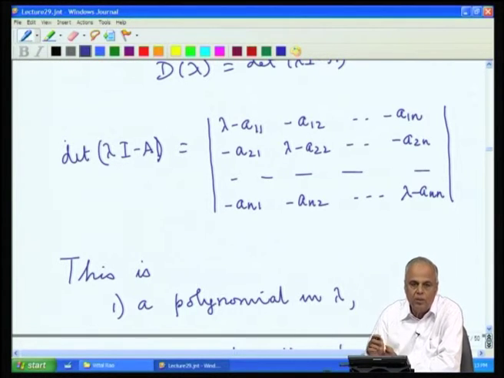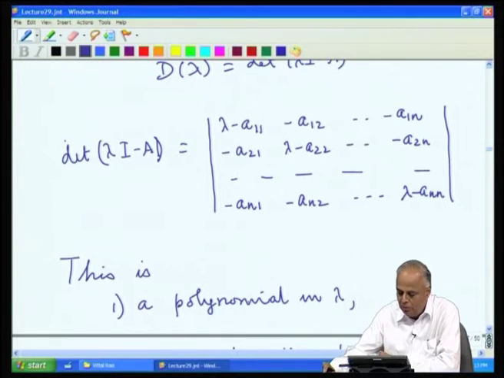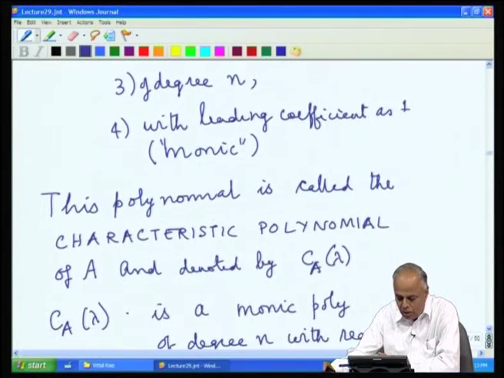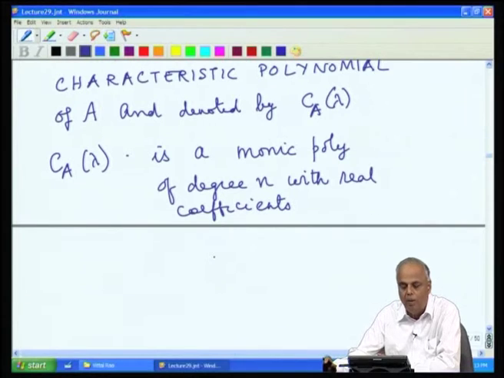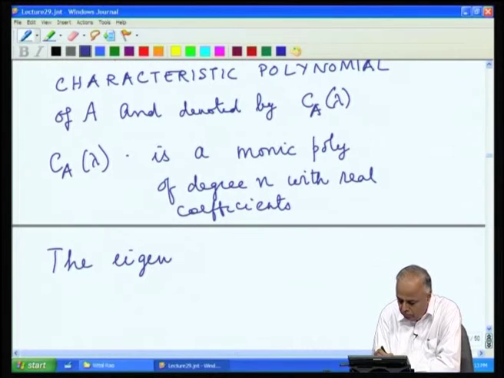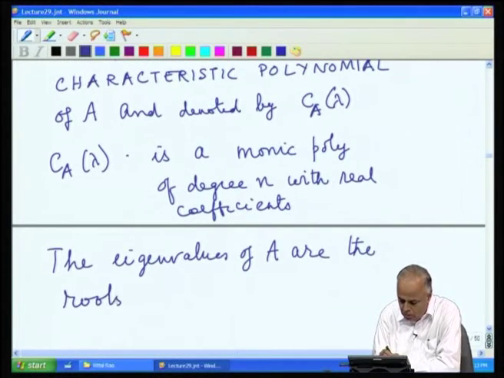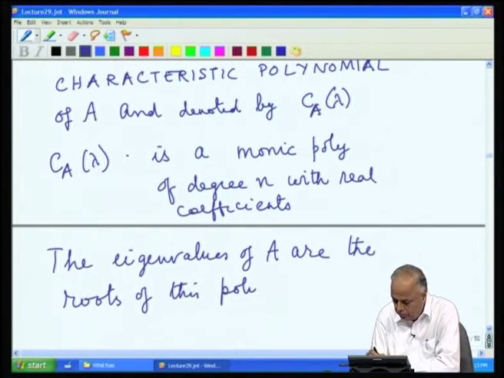Now, d lambda is our C A lambda, a polynomial, and therefore the eigenvalues of A are the roots of this polynomial.